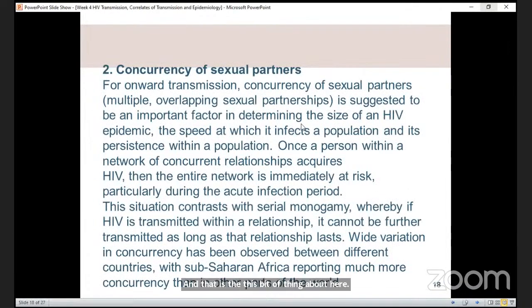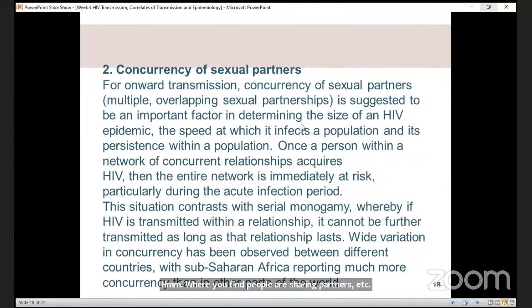Now, number two is concurrency of sexual partners. Concurrency here is like saying having multiple partners or overlapping sexual partners. Overlapping here means, let me say, a community kind of sex, where you find people are sharing partners, etc. So you call it overlapping sexual partners.